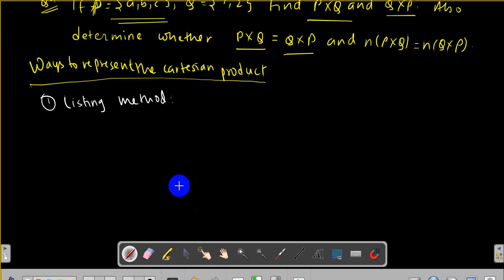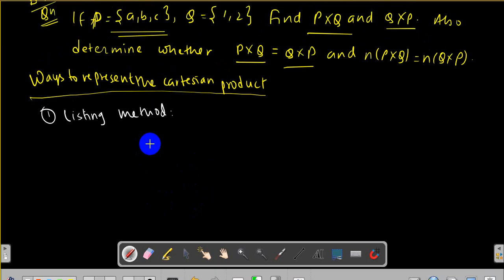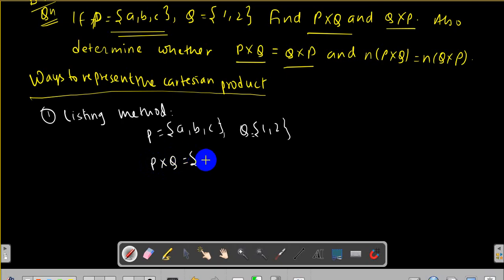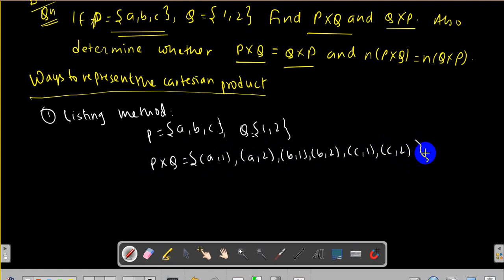Means in this same example, if P is {A, B, C} and Q is {1, 2}, then if we find P cross Q as (A, 1), (A, 2), (B, 1), (B, 2), (C, 1), (C, 2), then the list of the ordered pairs is written here in this Cartesian product.